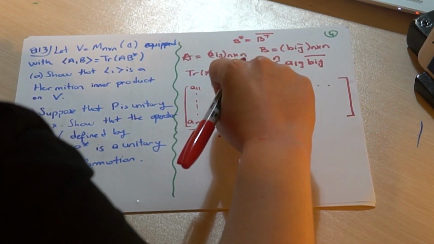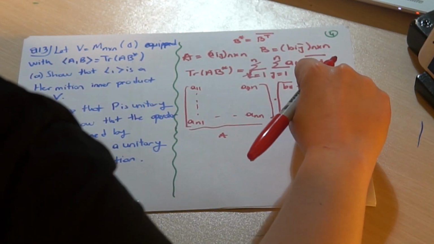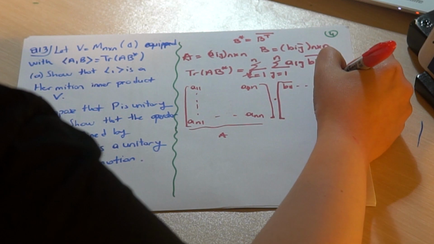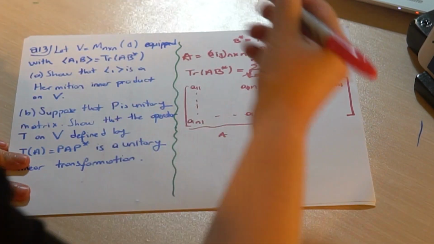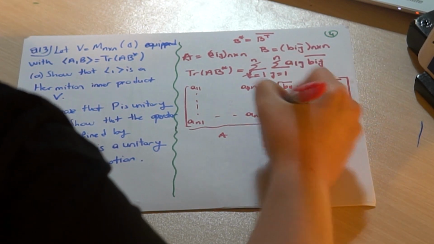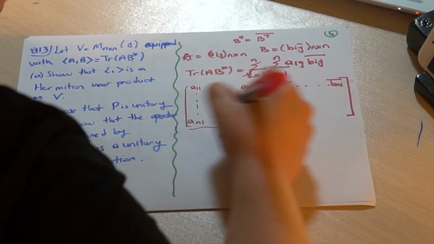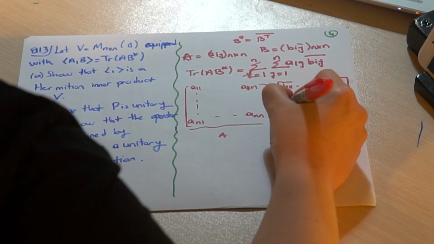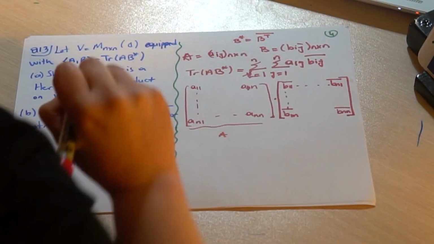Now, at the position of A1n, we won't have B1n, we will have Bn1 conjugate, since we take the conjugate transpose. Then here we will have B1n conjugate, and Bnn conjugate.